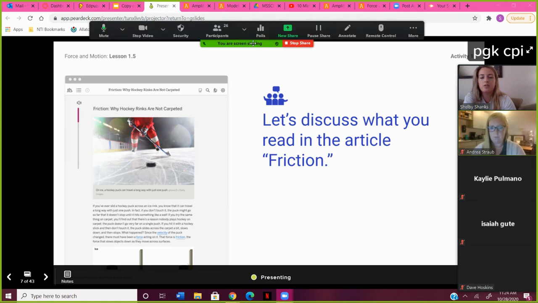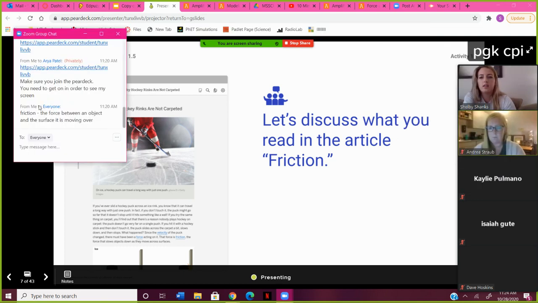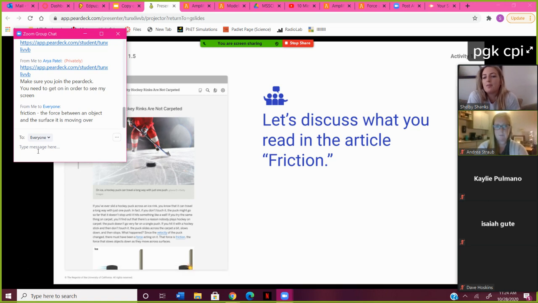If there was anything that stood out to you, maybe you annotated the article, you can type that in the chat, or you can unmute yourself.